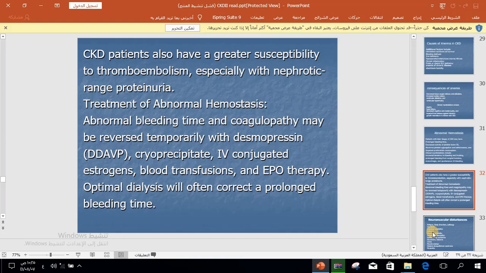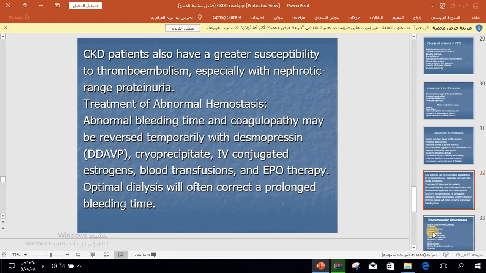But as those patients have great susceptibility to bleeding, they also have greater susceptibility to thromboembolism, and this is especially in nephrotic range proteinuria.